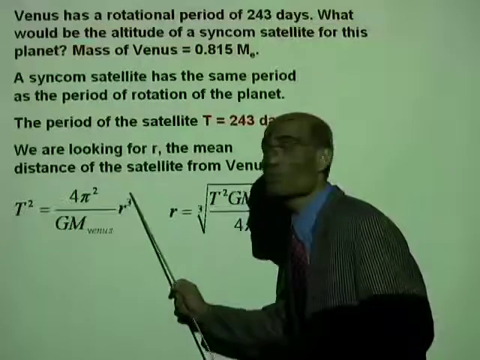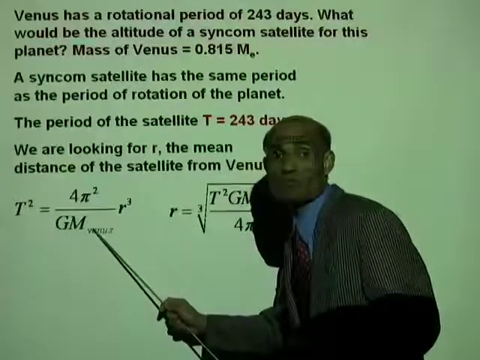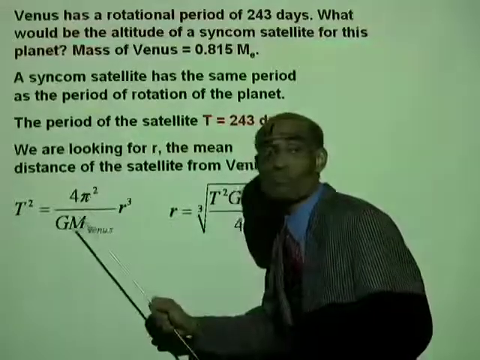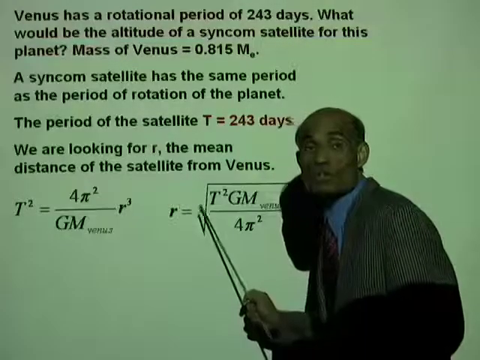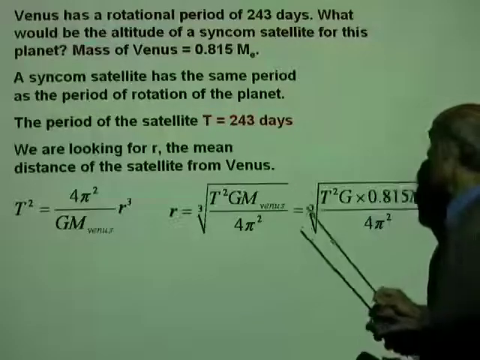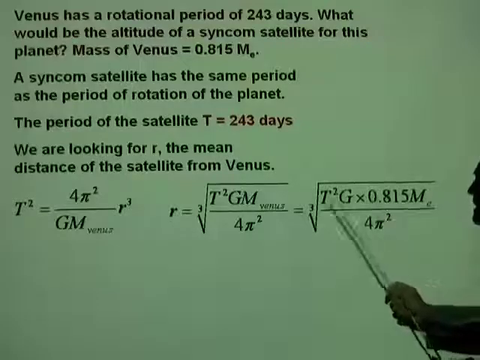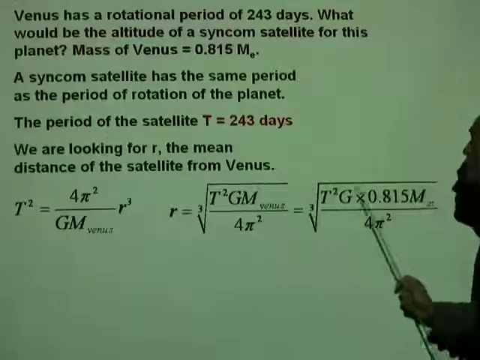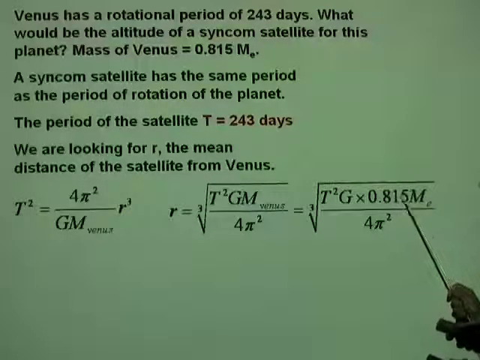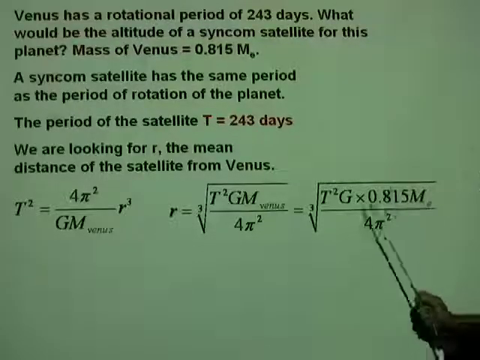R cube equal to T squared times GM Venus divided by 4 pi squared. R equal to cube root of that quantity. Now that will be T squared G times the mass of Venus, which is 0.815 times the mass of the Earth, divided by 4 pi squared.